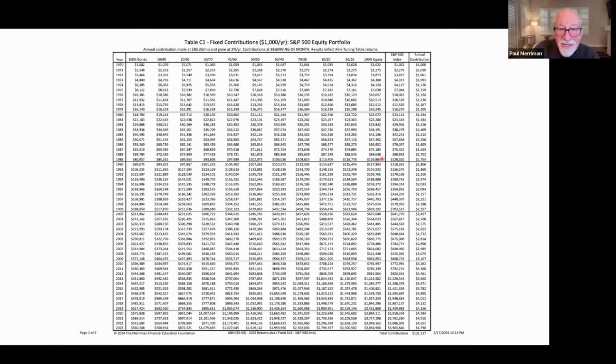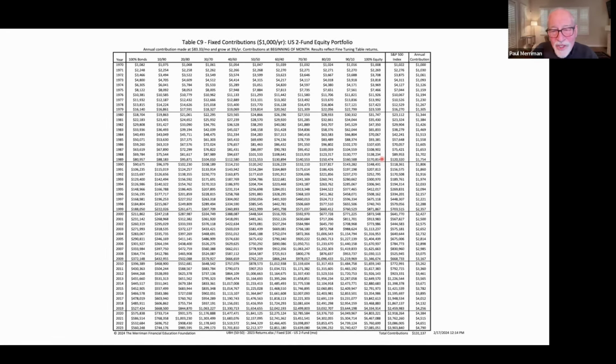But let's go over and take a look at the two-fund strategy. Instead of having 120,000, we've got almost 171,000. Exactly the same amount of money put in. But because you started the decade with more, and you made more with that combination than you did with the S&P 500, you're way ahead.